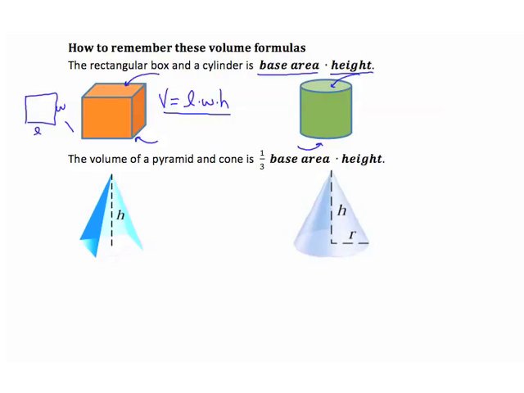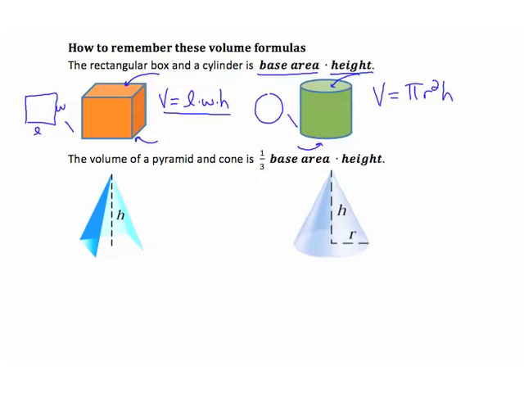Same idea here with a cylinder. The volume of the cylinder, we're going to think base area times the height. Well, the base of this cylinder is a circle, and the way that we find the area of a circle is pi r squared. And now we're just going to take that base area and multiply times the height. So then we multiply by h. There's our volume for the cylinder.